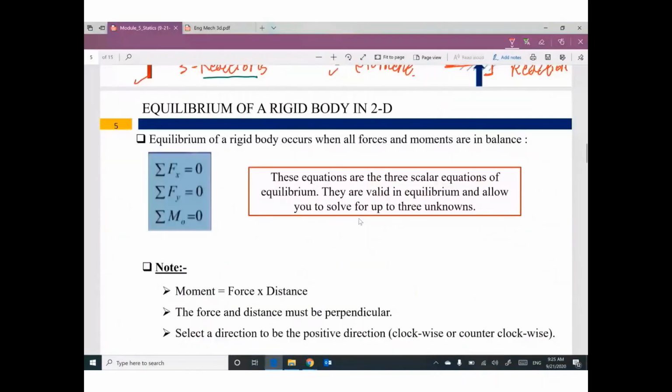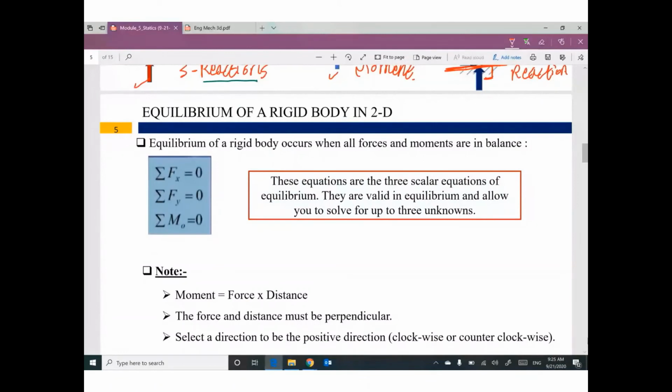So today we are not talking about one point or one particle. No, we are talking about a body, and this body is rigid. So we have in 2D a new topic, and this body is also in equilibrium. So we have 3 equilibrium equations. Summation of all forces in X equals 0. Summation of all forces in Y equals 0.